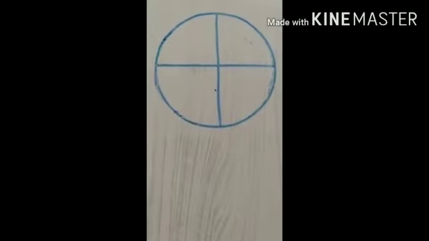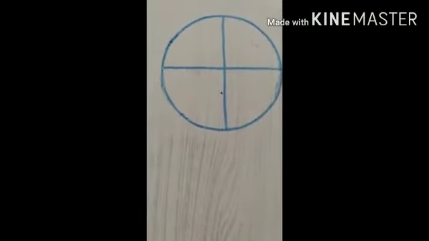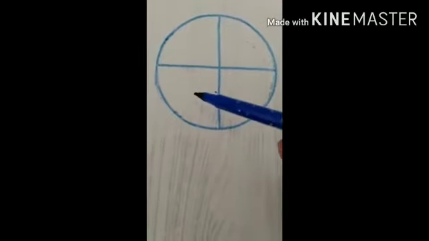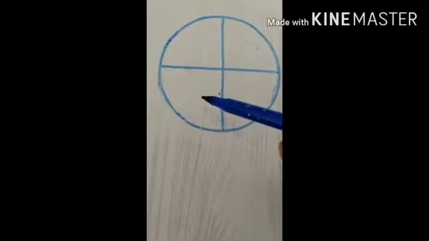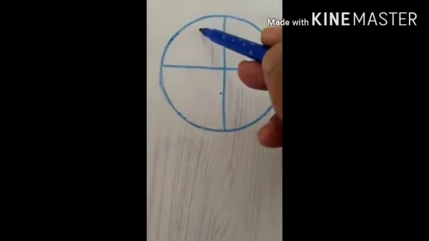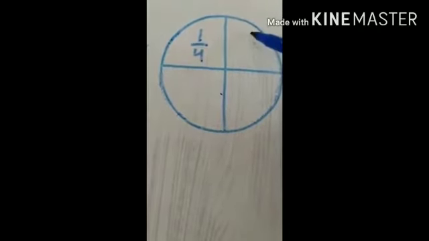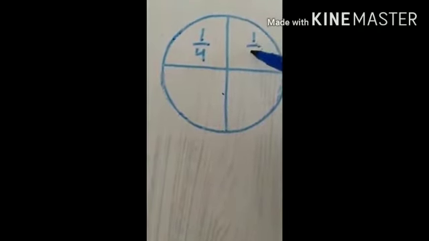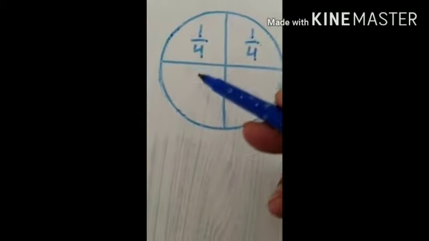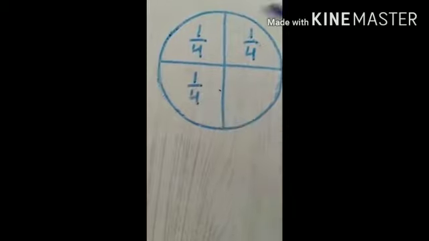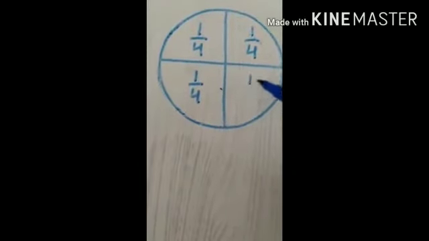Now we divide the whole circle into four equal parts. 1, 2, 3 and 4. So this part is one part out of four equal parts. This part is also one part out of four equal parts, as well as the other parts.